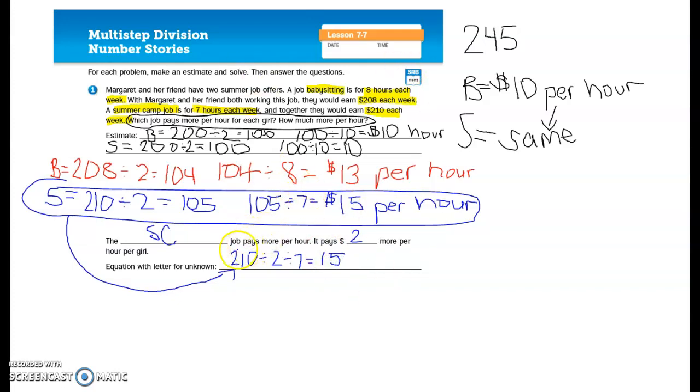So you would put all that together, and then you would subtract it from what we did here.